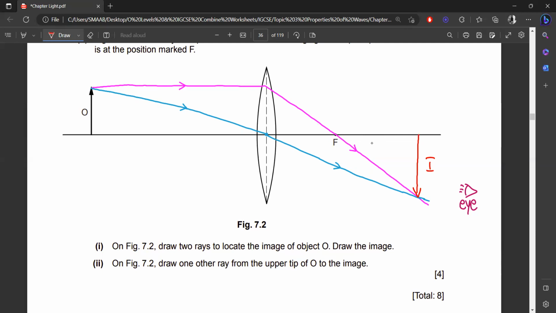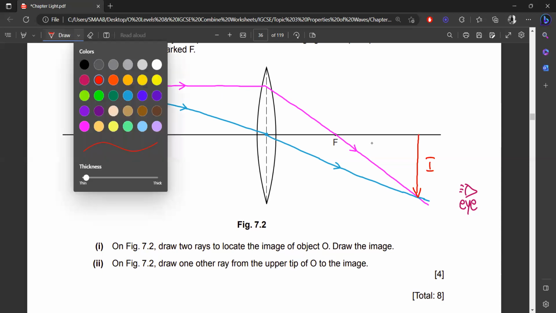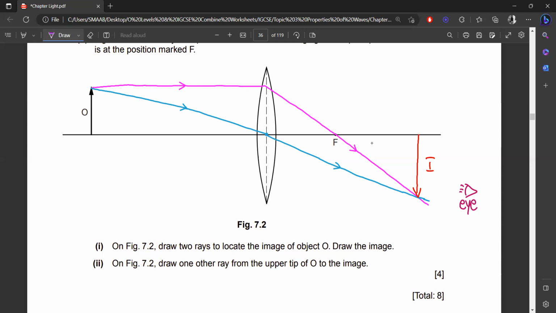And now we have to draw one other ray from the upper tip of O to the image. So the third possible ray will pass through the focus. Let's suppose we draw the focus on the left-hand side. So the light ray will pass from the focus and then it will move parallel, like this.